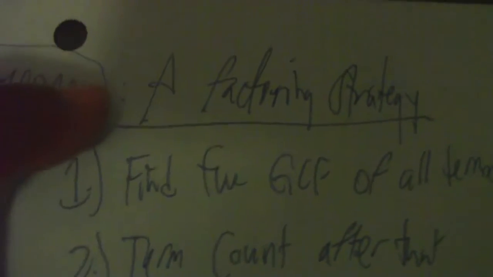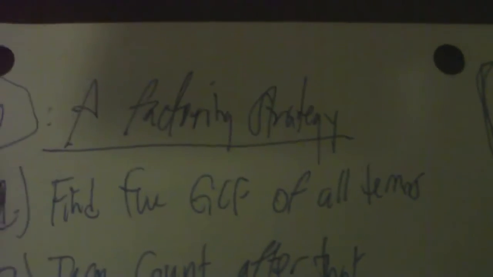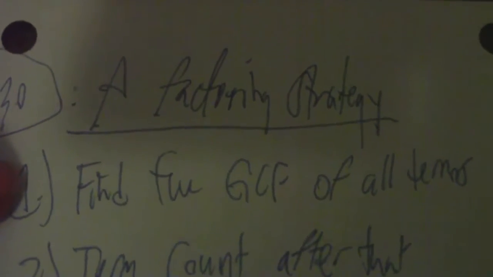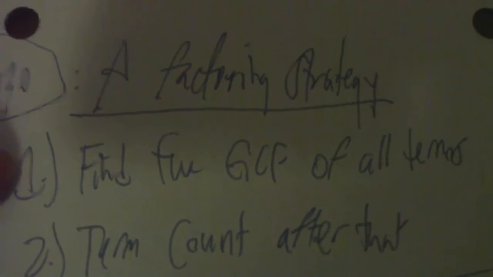Now, this is called a factoring strategy. That's what the title is, a factoring strategy. So the very first thing you do is find the greatest common factor of all the terms you're looking at. Usually it's 1 term, 2 terms, 3 terms, or 4 terms, sometimes more.